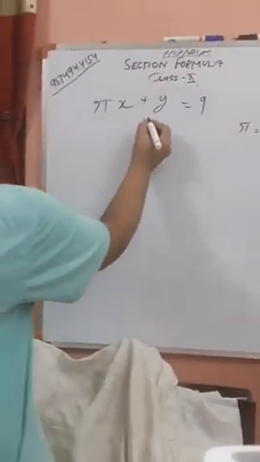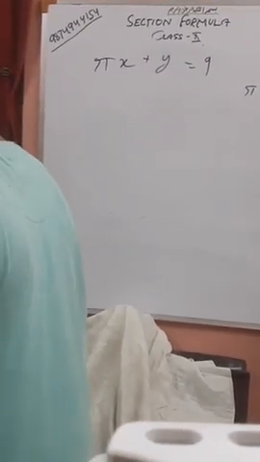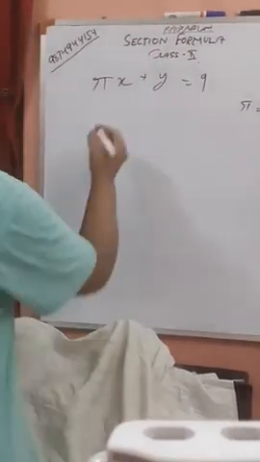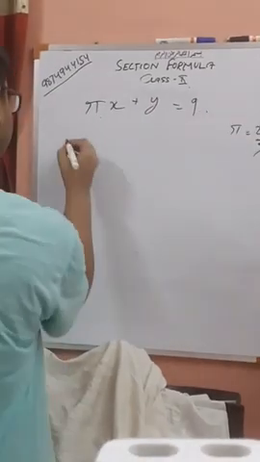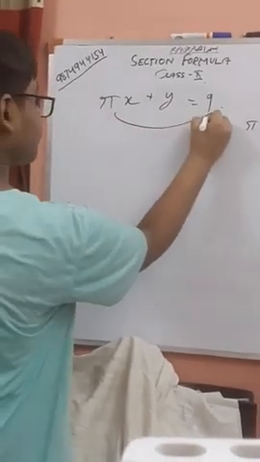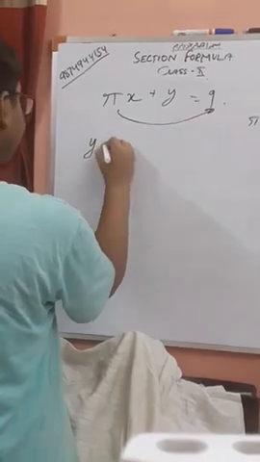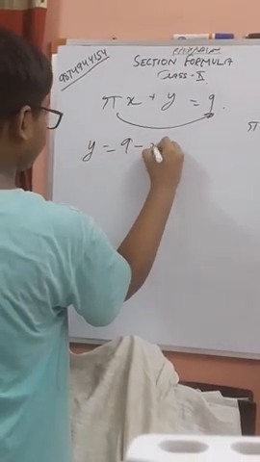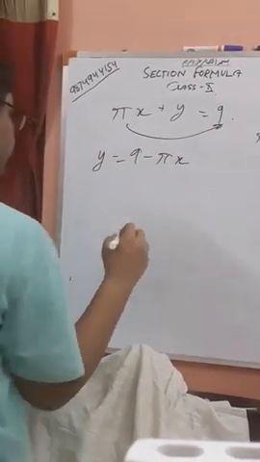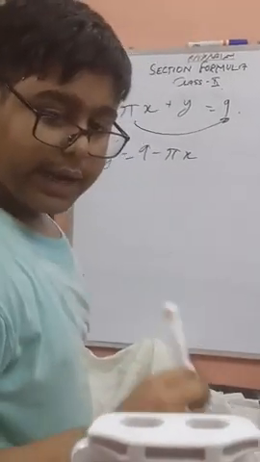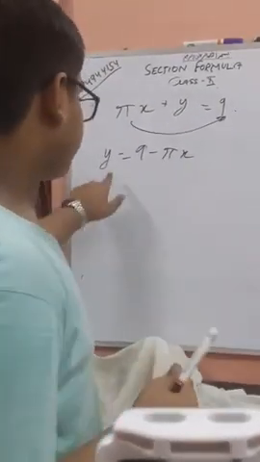Now we are asked to find 4 solutions for each of these. Now we take this to this side. It will be y is equal to 9 minus pi x. Now we will choose the value for x ourselves. Y will be calculated.